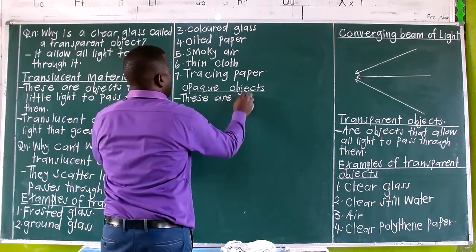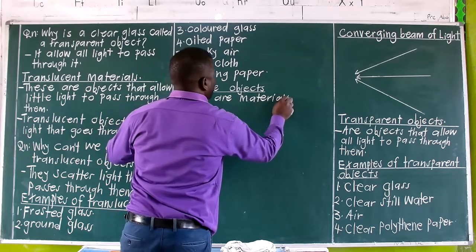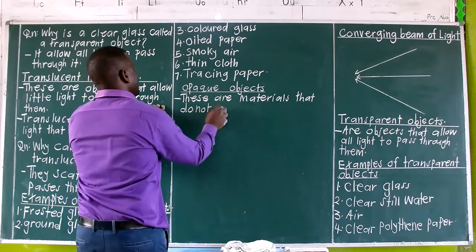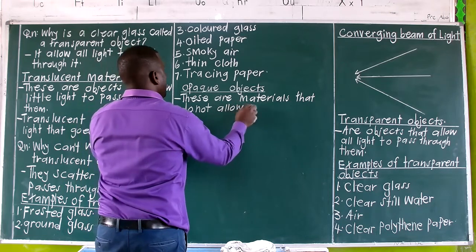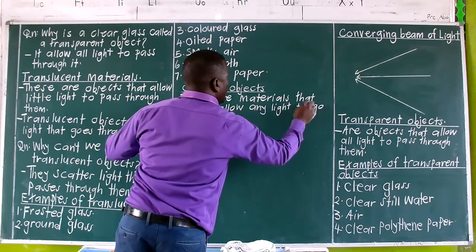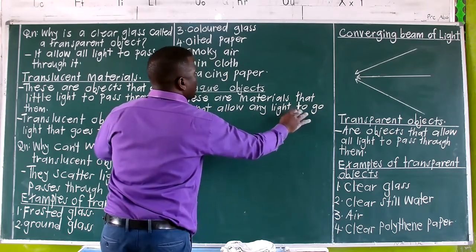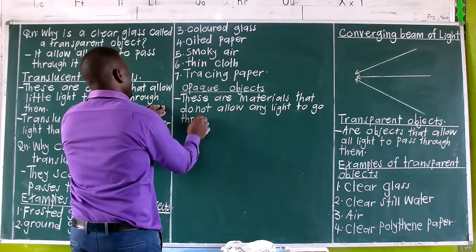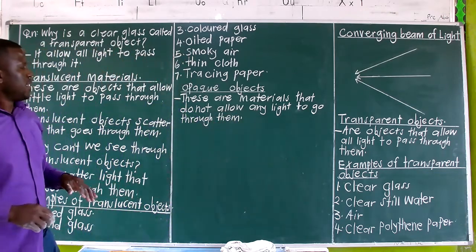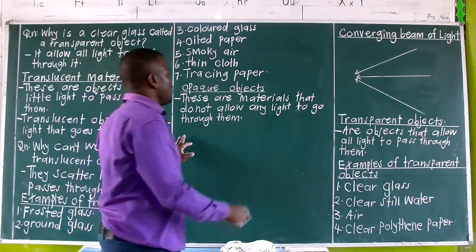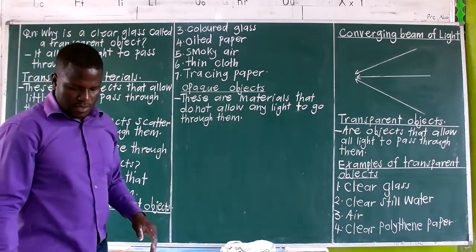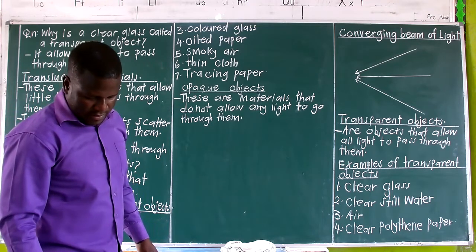These are materials that do not allow any light to go through them. So they are called opaque objects.